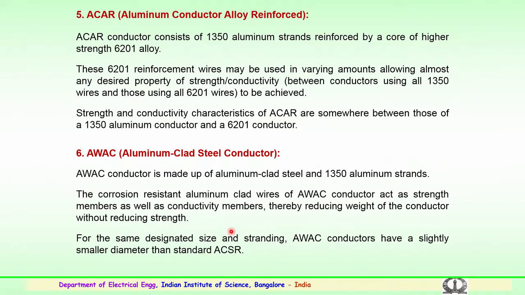Thereby this reduces the weight of the conductor without reducing the actual strength of the conductor. So, for the same designated size of the conductor and the strandings, these conductors have a slightly smaller diameter in comparison to that of the standard aluminum conductor steel reinforced. This is one advantage with the aluminum clad steel conductor.